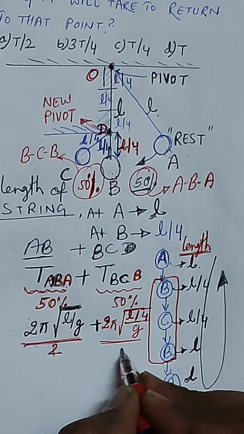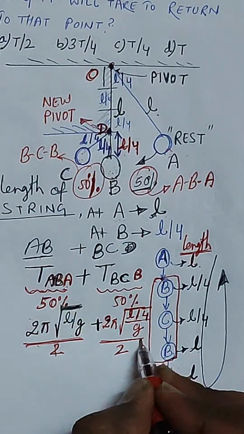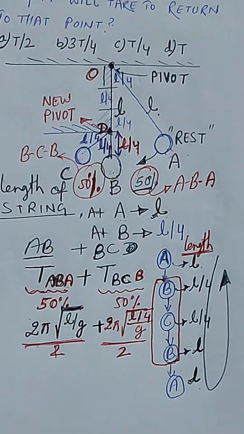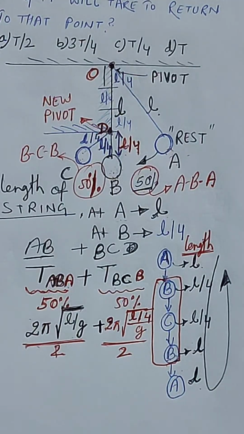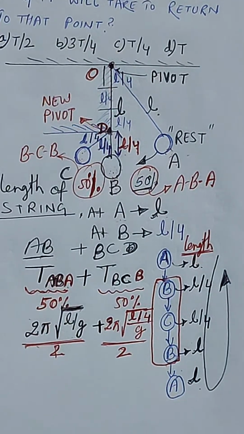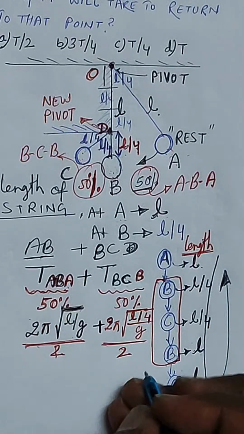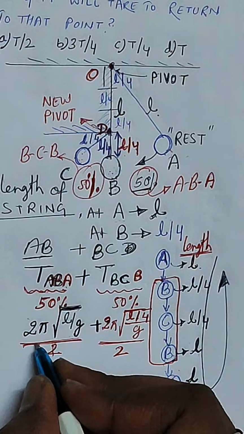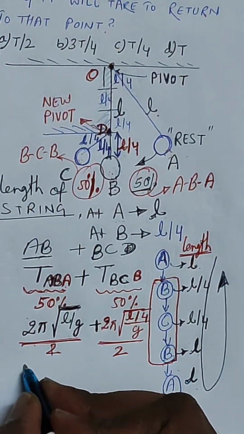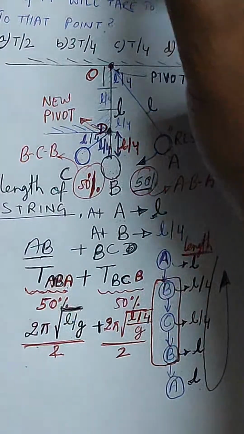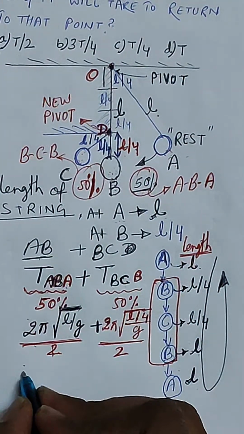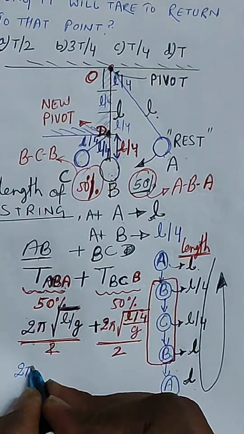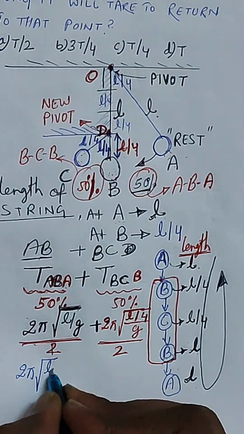So that's why 2 will be dividing the entire time period, right? Now you can see 2 pi root under L by G is T. T is the time period of oscillation.